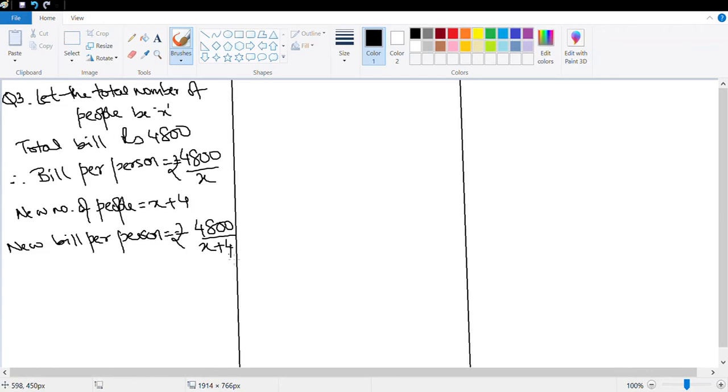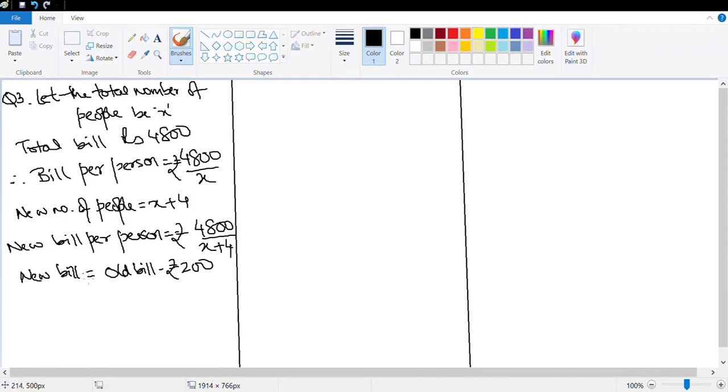What's the relationship which is given? It says each person would have had to pay 200 rupees less, which means new bill is equal to old bill minus rupees 200. Perfect. New bill will be lesser by 200.